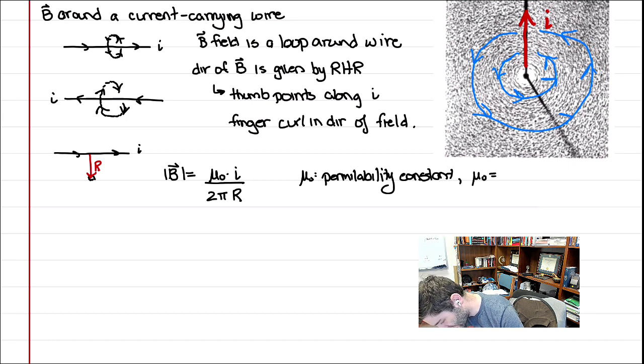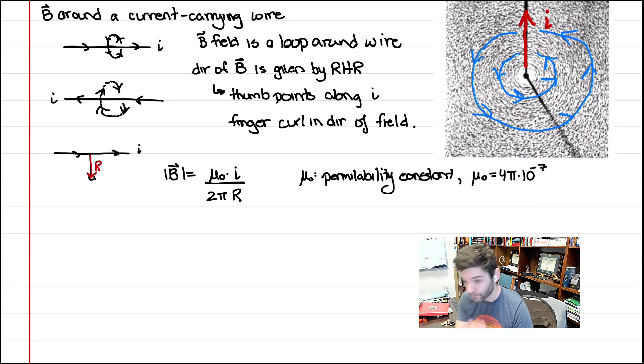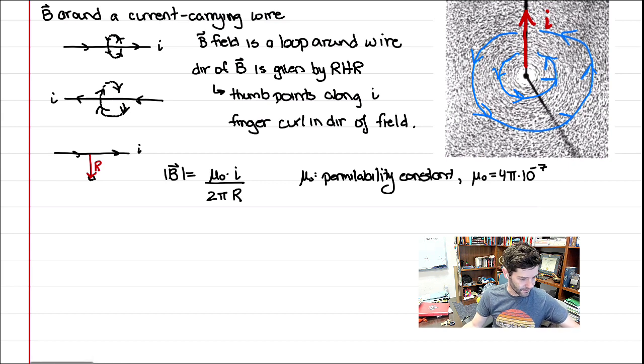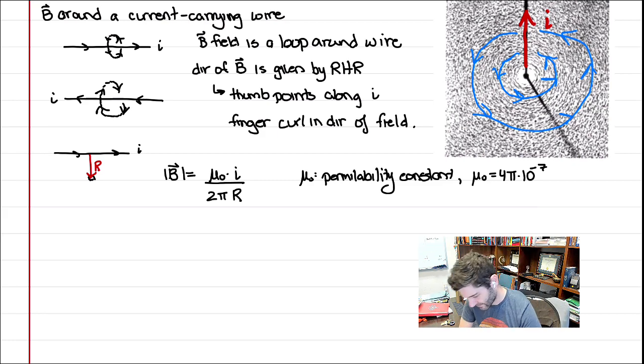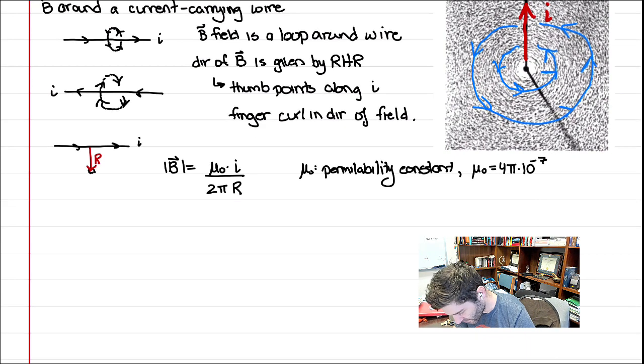Mu naught is defined to have a value of 4 times pi times 10 to the negative 7. I forgot to write down its units. I could just figure it out, because I know that this entire thing has to eventually have units of force. I should practice what I preach.